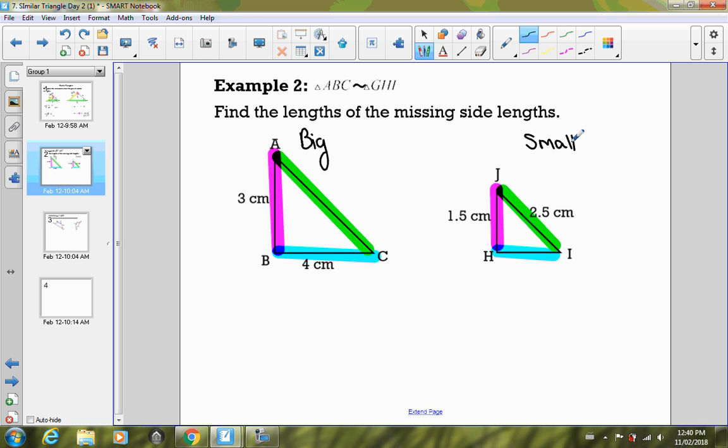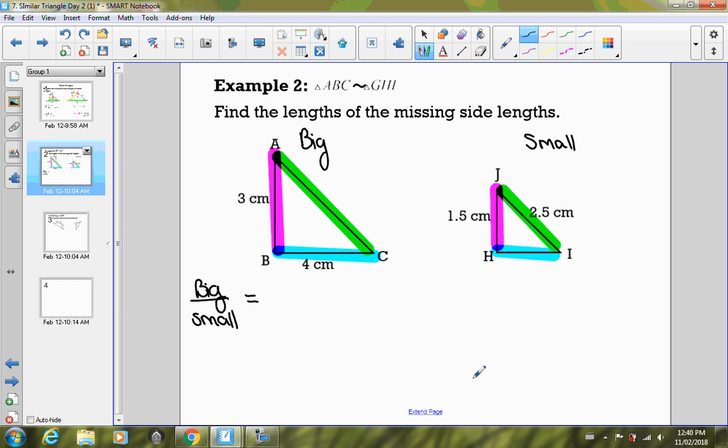You can set them up any way that you would like. In order to do this, for all of my ratios, I'm going to write the big triangle number on top over the small triangle number on the bottom. So my big number always goes on top, my small number always goes on the bottom. That's always going to hold true.